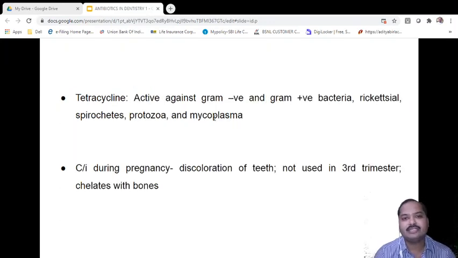Tetracyclines are active against gram-negative and gram-positive bacteria, Rickettsia, spirochetes, protozoa, and the mycoplasma. So tetracyclines are broad spectrum antibiotics, as we say. They work on a variety of microorganisms.